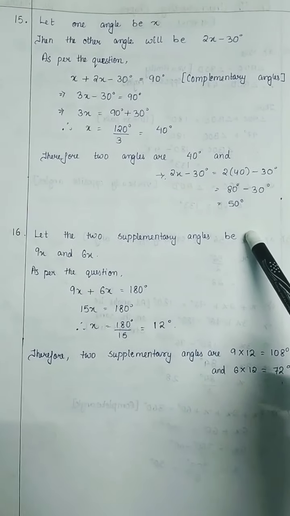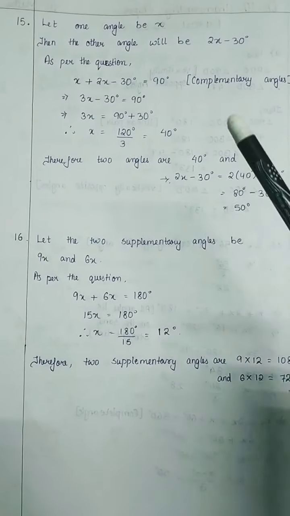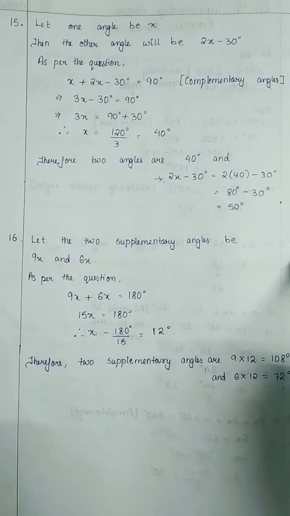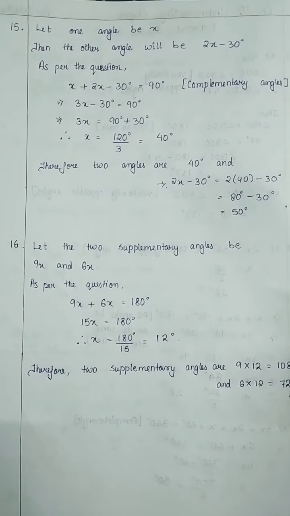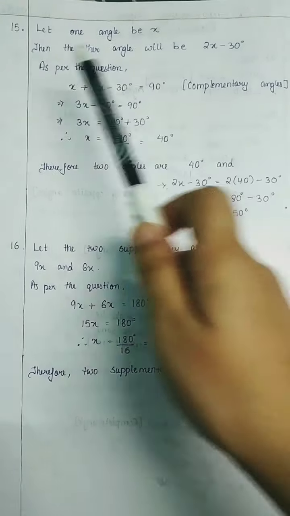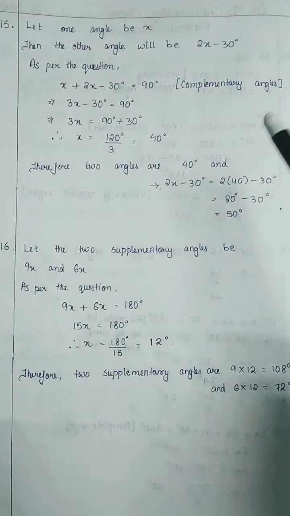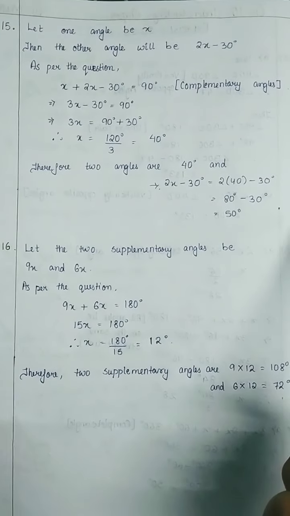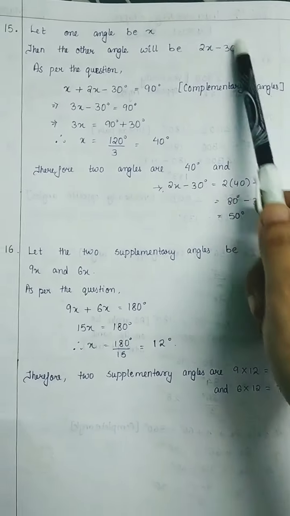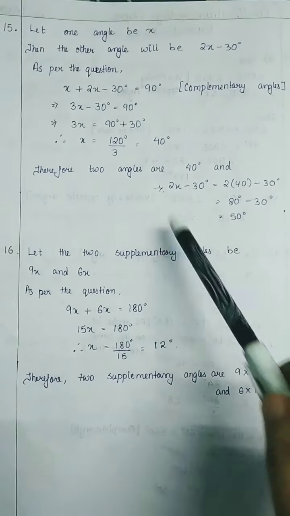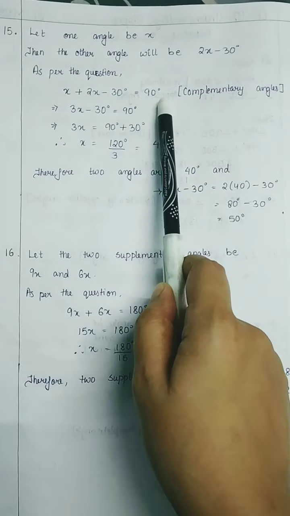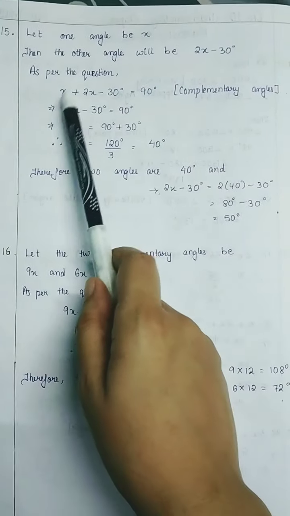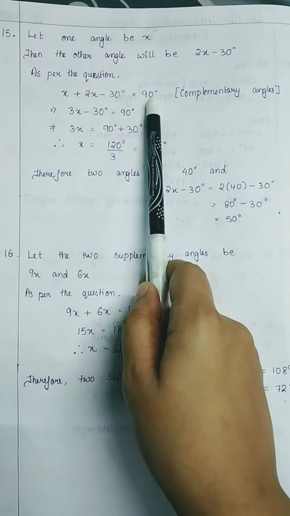In question number 15, it's given that one of the complementary angles is 30 less than twice the other angle. First of all let us take one angle to be x, so the other angle will be 2x minus 30, because this is 30 less than twice of x. According to the question, adding these two will give 90 degree because both are complementary angles. So x plus 2x minus 30 is equals to 90 degree.